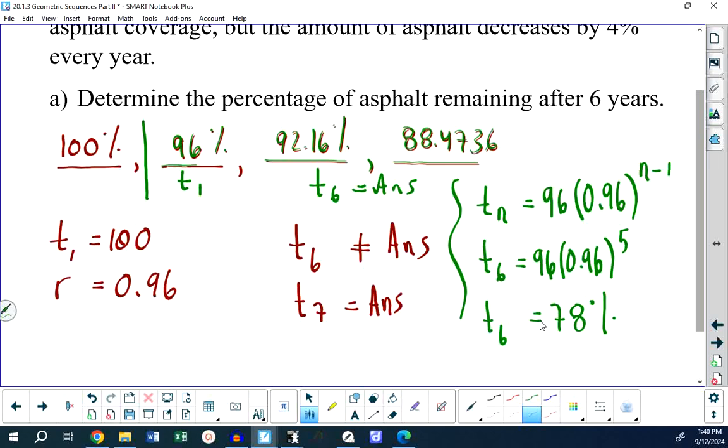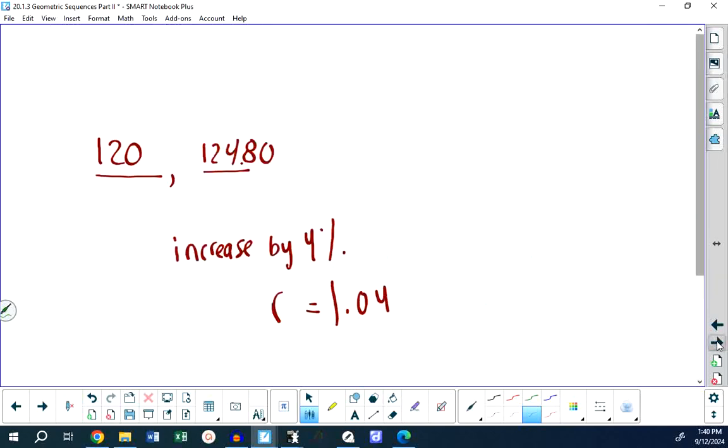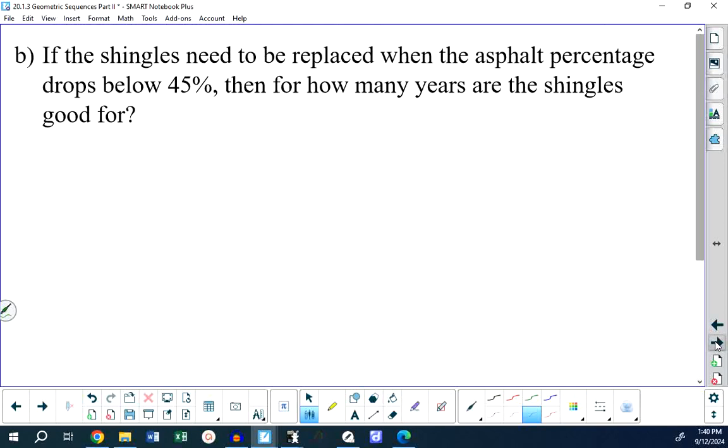Let's take a look at B. If the shingles need to be replaced when the asphalt drops below 45, then for how many years are the shingles good for? Well, here's our sequence, and I'm using the green one so that my n in the sequence matches my year. So what we really want to solve is this equation.